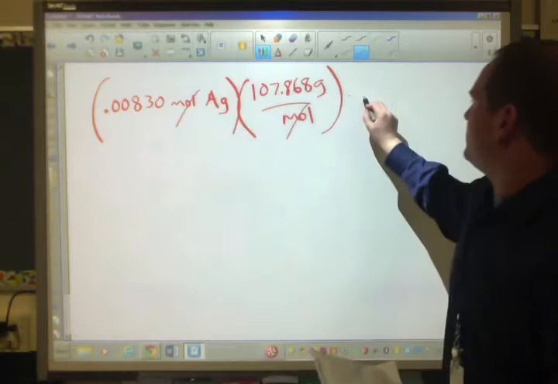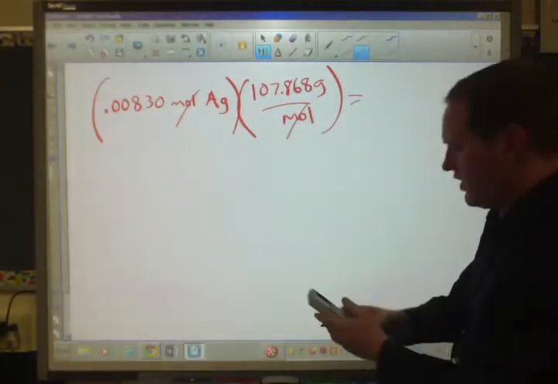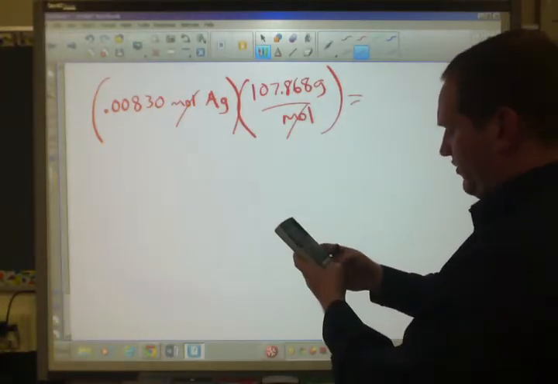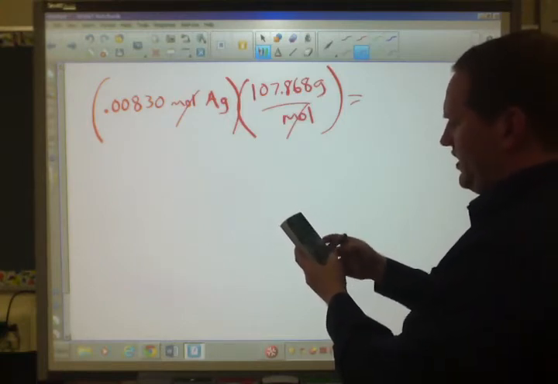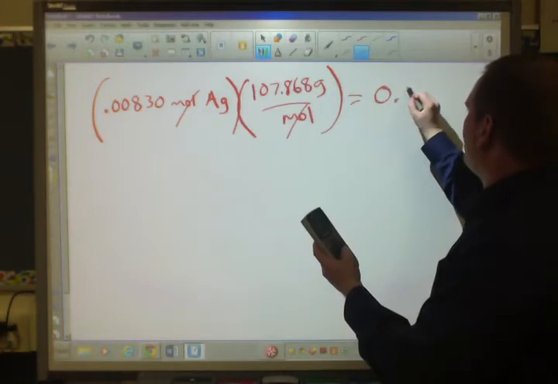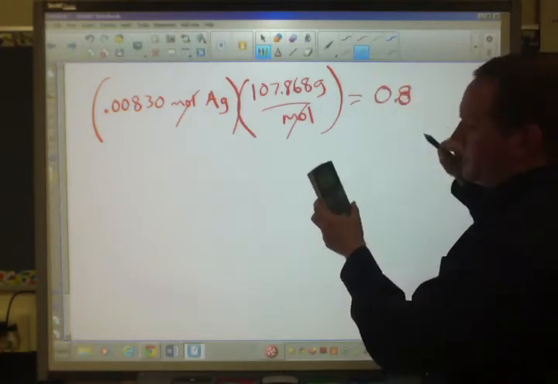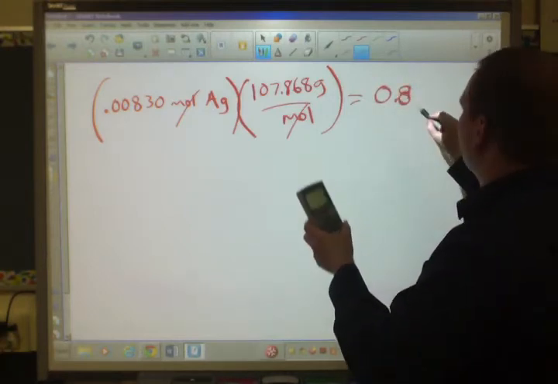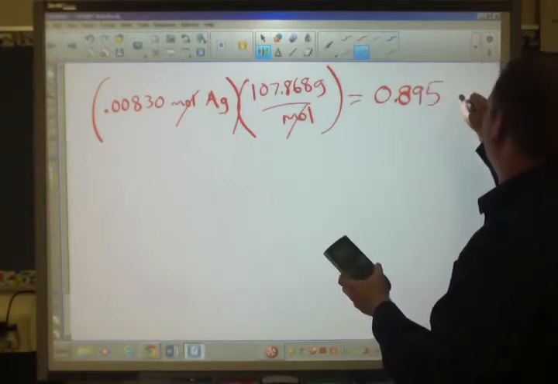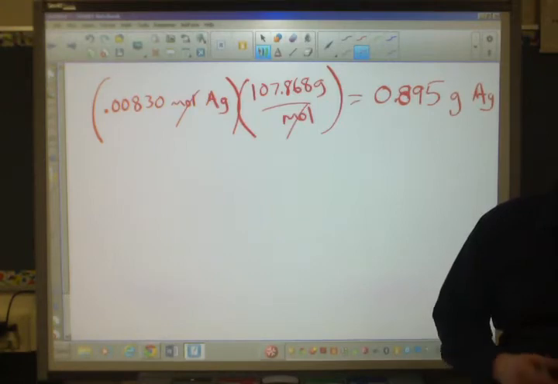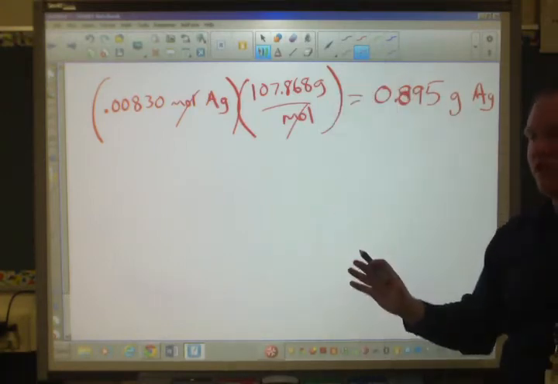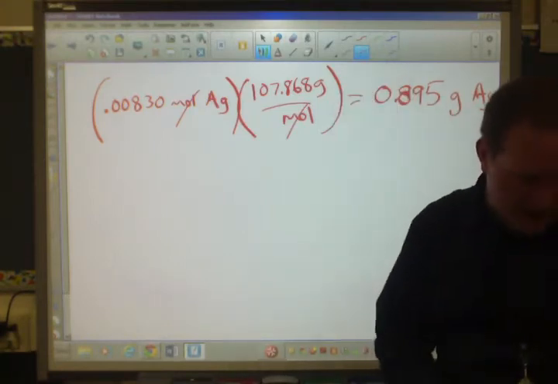Mole cancels mole. 0.00830 times 107.868 gives me 0.895 grams of silver. So that is my theoretical yield in the perfect world with no human error. This is exactly how much silver I would get.